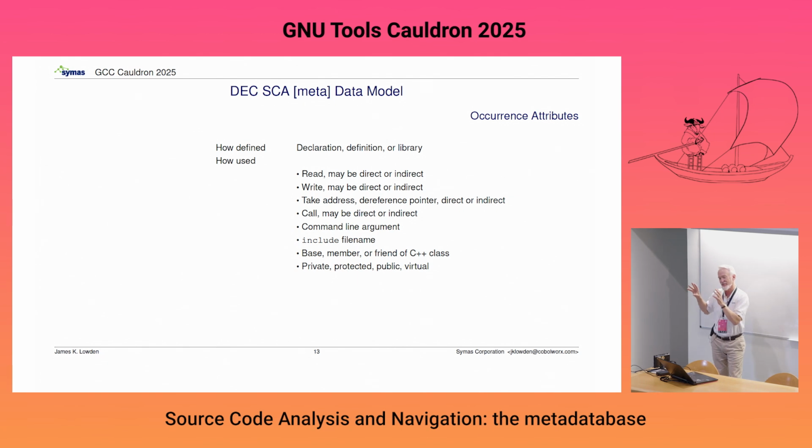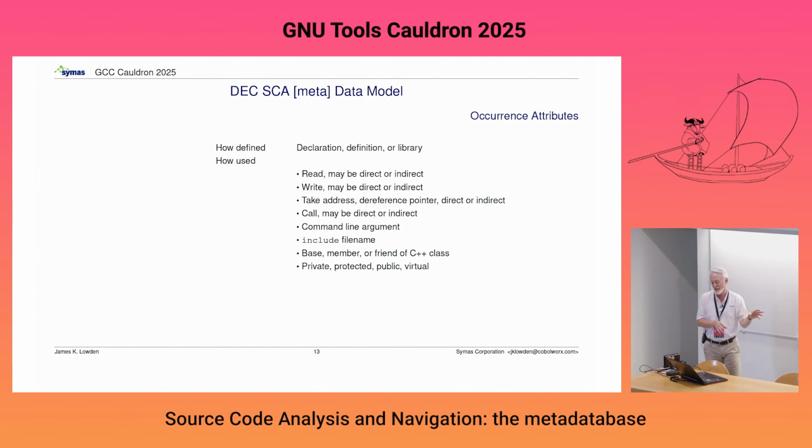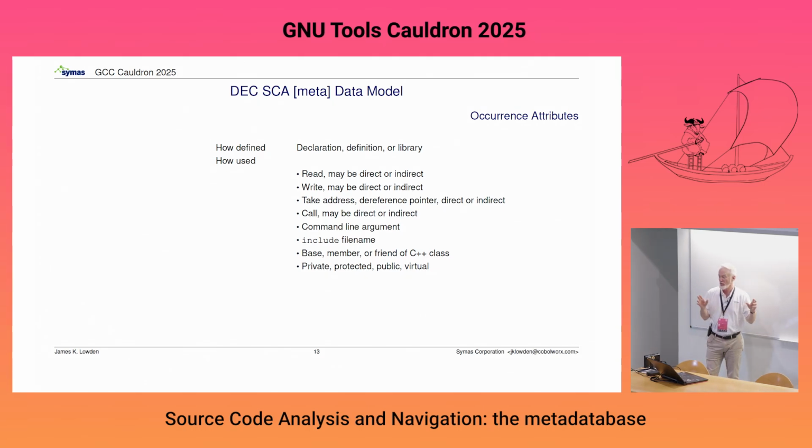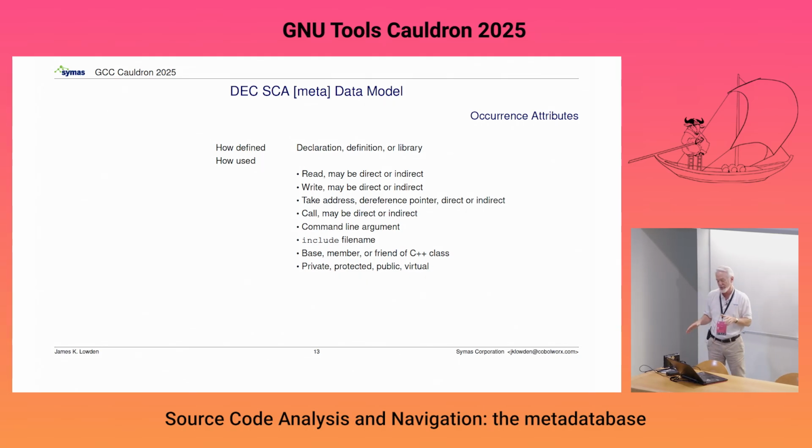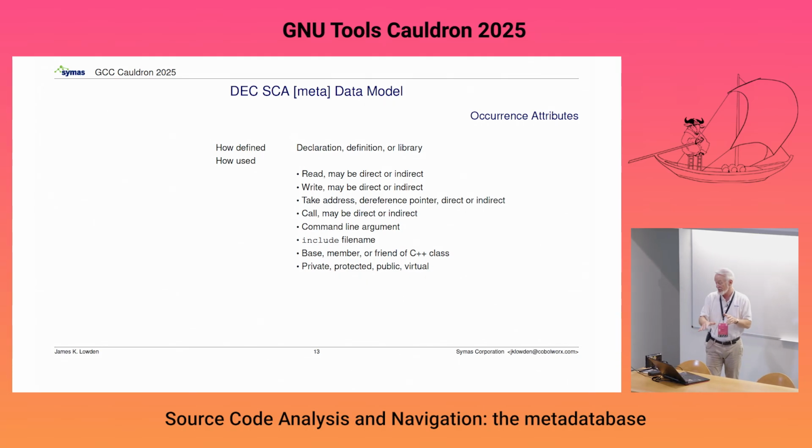So we have places that things are defined and places that things occur that make their appearance in your code. We have things that are being read, things that are being modified. We have addresses that are being taken or dereferenced. We have things that are being called, sometimes indirectly. This system actually will tell you about command line arguments and include file names.